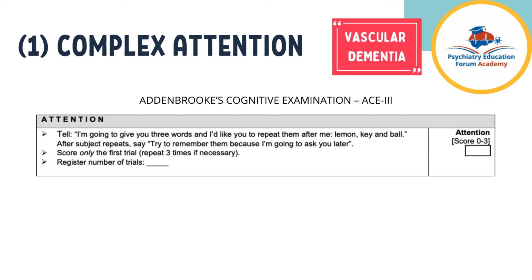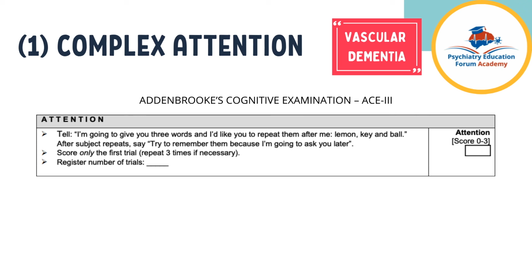In this attention section, you ask the patient to repeat and remember 3 words. Speak slowly when you do that, and repeat the words if necessary, but don't repeat more than 3 times. Tell your patient that you will ask for this information later. You can score from 0 to 3, and also look at the number of trials.